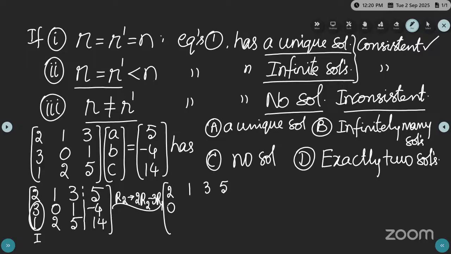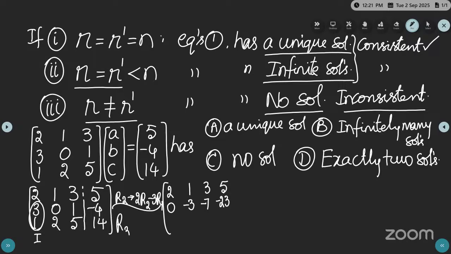Next, 0 minus 3. Next, 2 minus 9, minus 7. Next, minus 8, minus 15, what is it? Minus 23.